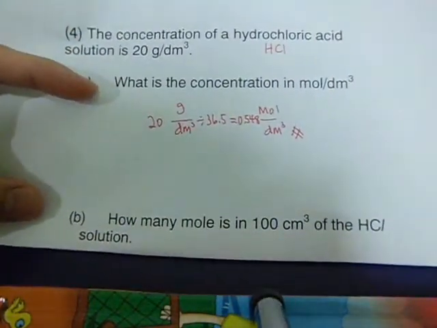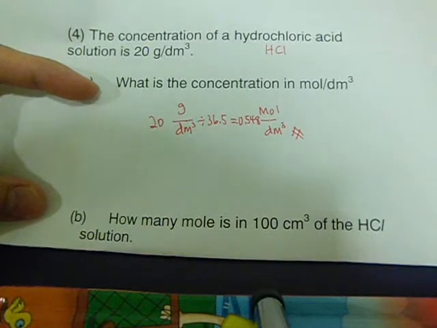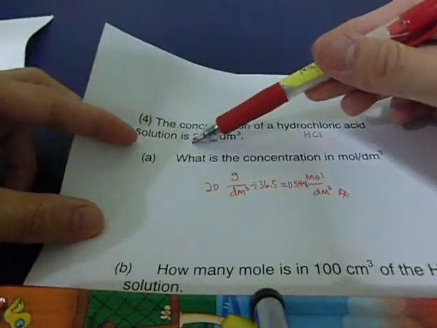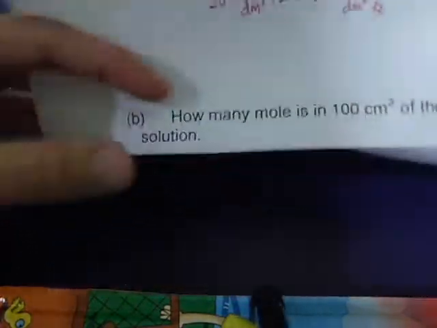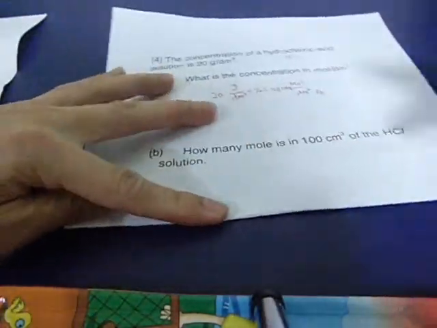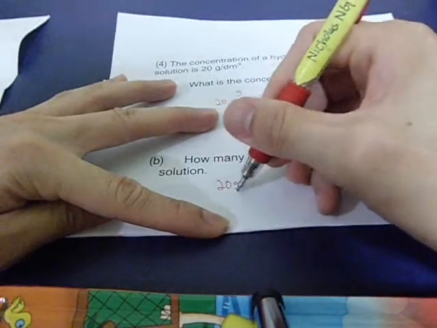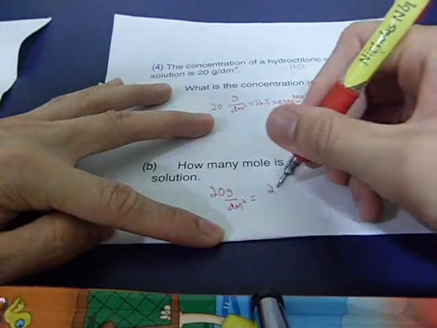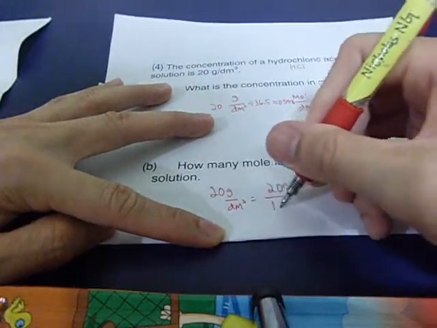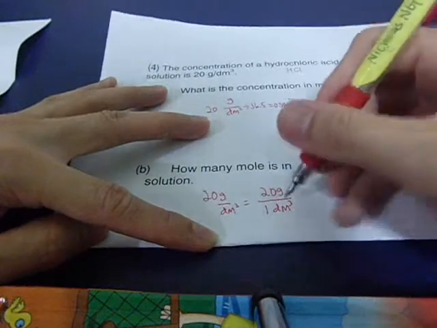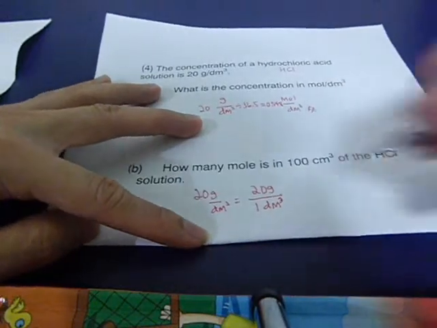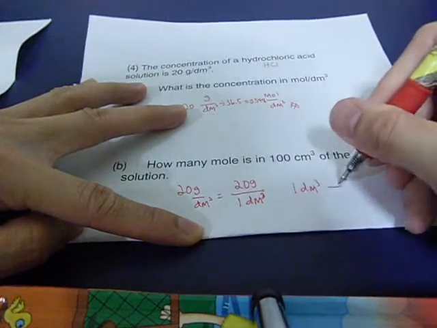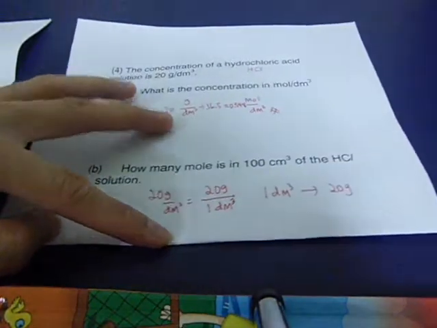Okay, the second part, how many mole is in 100 cm cube of the HCl solution? Now this HCl solution, the concentration is 20 gram per dm cube. What is the meaning of 20 gram per dm cube? It means 20 gram over 1 dm cube, which means that in 1 dm cube, it has 20 gram of HCl.